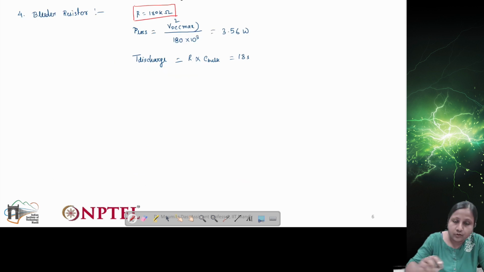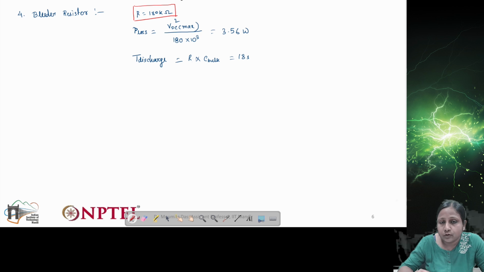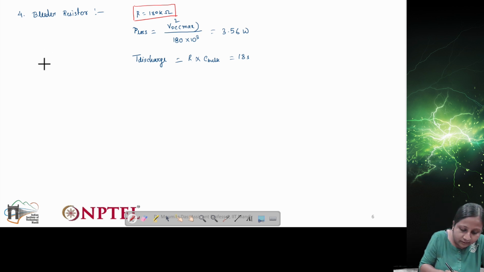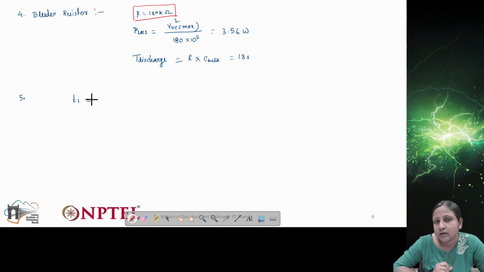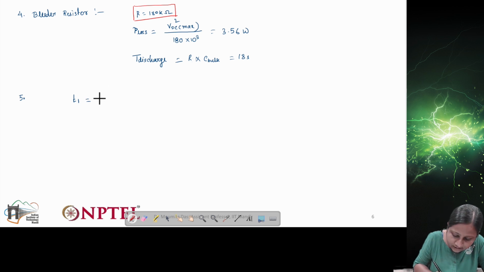Now with respect to time, how can we calculate the time? Let's say this is the fifth component, time calculation. We can calculate T1, T2 and T3. How can we calculate T1? You already remember, basically L IL by VDC.